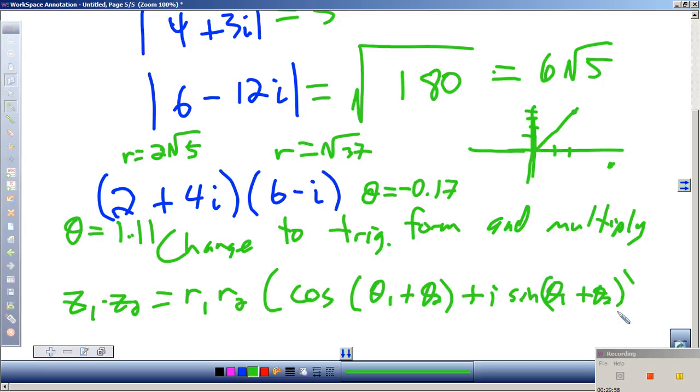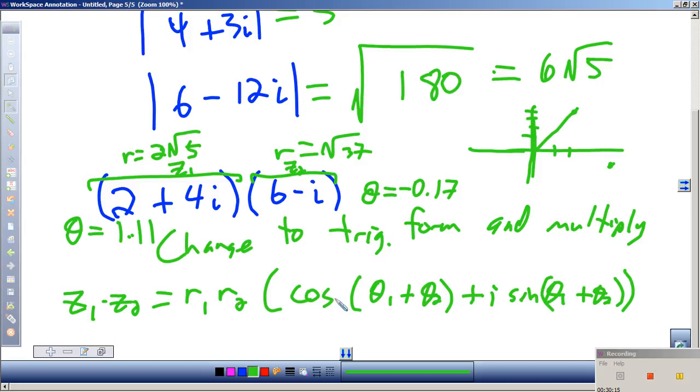Got that in your notebook already? Just plug in everything and simplify a little bit. This is just z form, or this is z1, this is z2. So then you're just plugging into the formula and using your calculator.